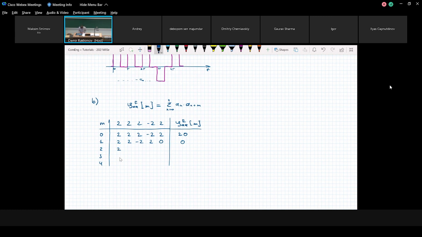I get 2, minus 2, 2, 0, 0. What do we have? We have 4 minus 4 plus 4, right? 4. Again, minus 2, 2, 0, 0, 0, and it will be 0. The last shift will be 2 with 4 zeros, and the result will be 4. We don't calculate further shifts because the result will not have any overlap.